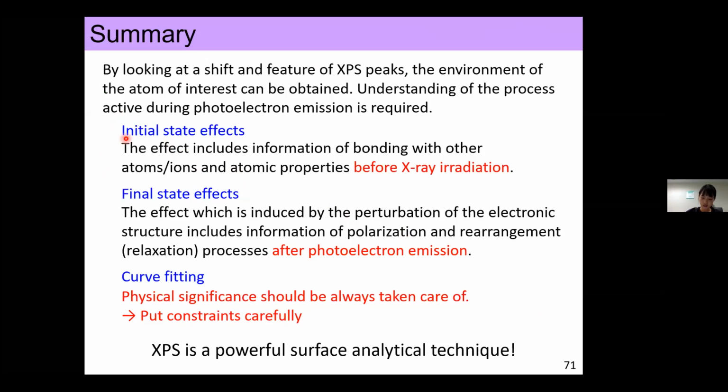Initial state effects is the effect that includes information of bonding with other atoms, ions, and atomic properties before X-ray irradiation. Final state effects is the effect which is induced by the perturbation of the electronic structure, includes information of polarization and rearrangement processes after photoelectron emission.